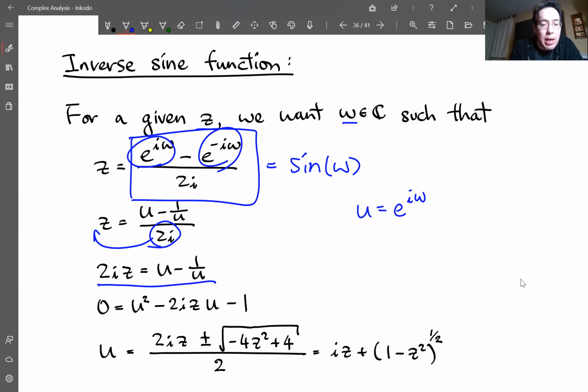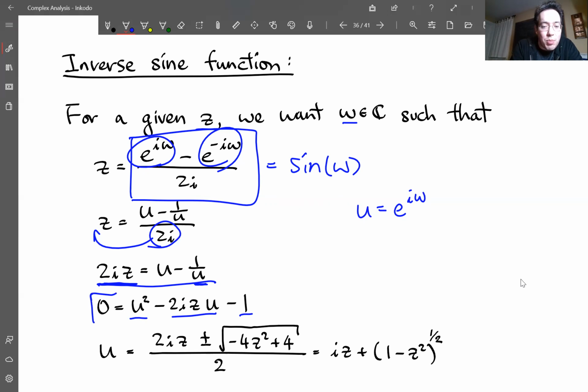We can multiply both sides of the equation by u and bring everything to the right-hand side. So we get u squared, and 2izu, we're going to bring to the right-hand side and make it negative 2izu. And if I multiply 1 over u by u, I just get negative 1 here.